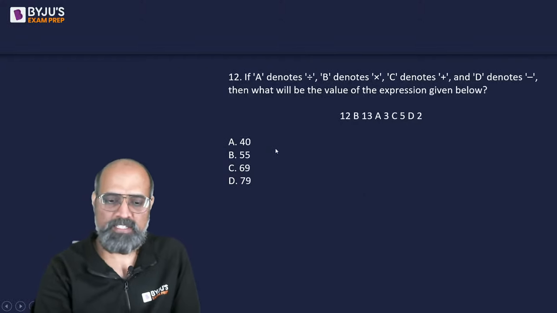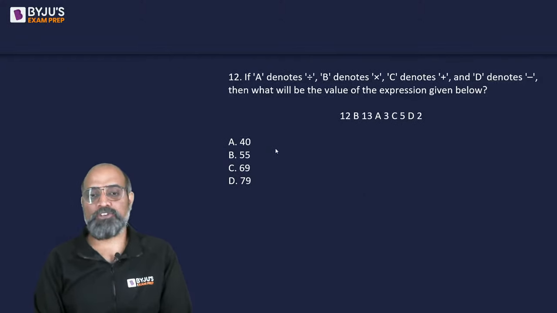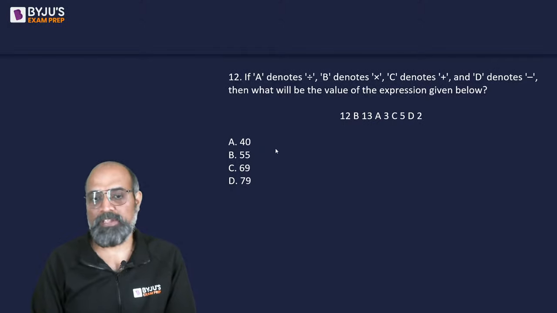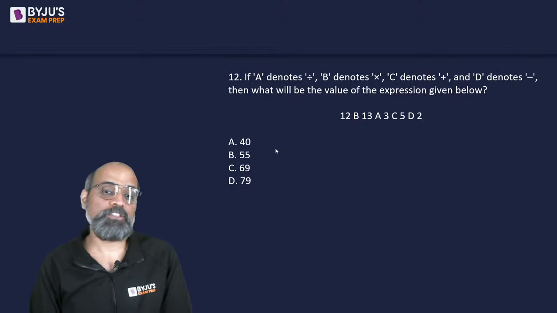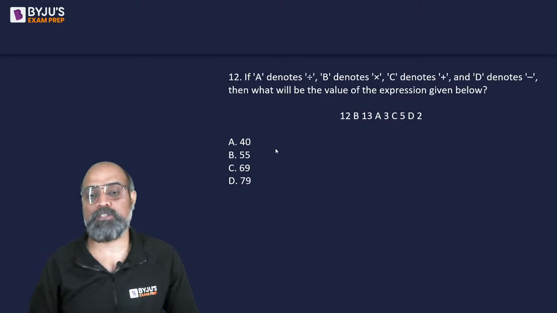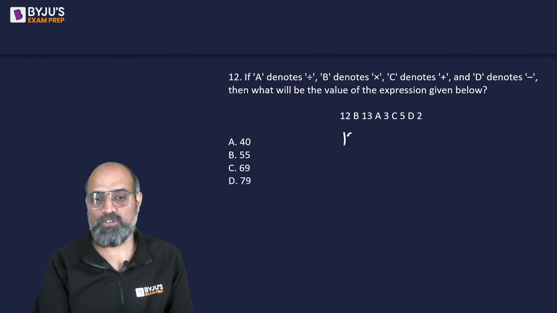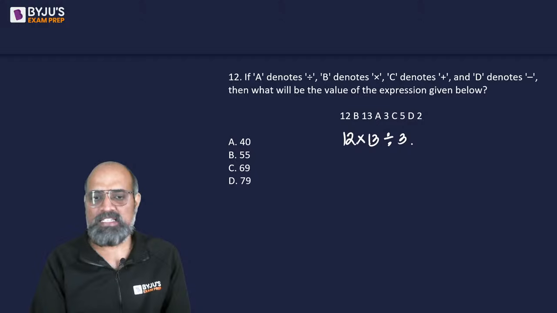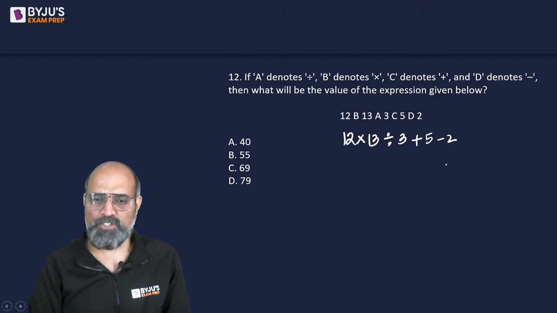Okay. Nice. If A denotes division, B denotes multiplication, C denotes addition, D denotes subtraction, then what will be the value of the expression given below? So this is going to be 12, B denotes multiplication, 13, A denotes division, 3, C denotes addition, and D denotes subtraction. 12 into 13, 352.